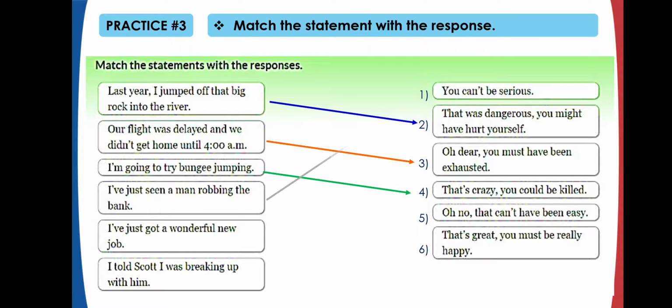Next one. I've just seen a man robbing the bank. You can't be serious. I've just got a wonderful new job. That's great, you must be really happy. And finally, I told Scott I was breaking up with him. Okay?